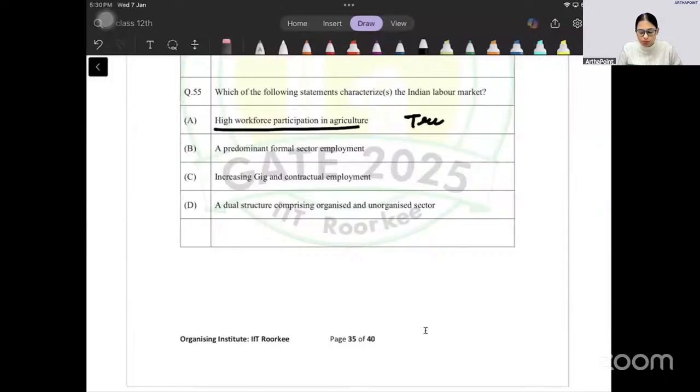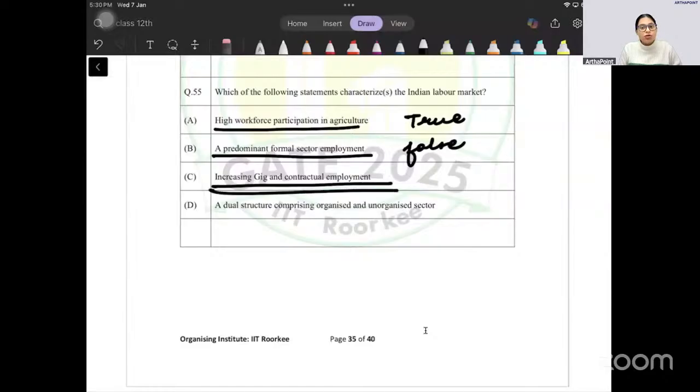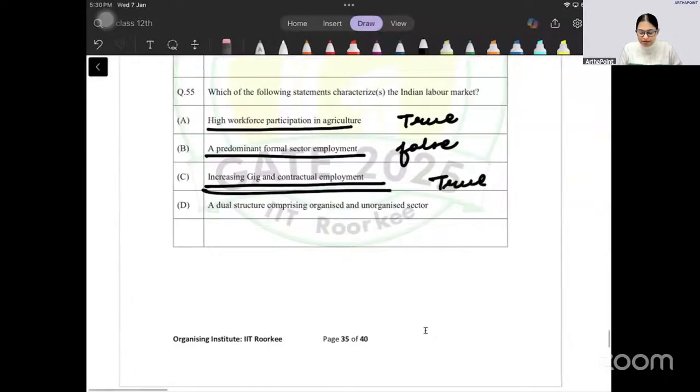This is true. A predominant formal sector. No, informal sector is there. False. Increasing gig and contractual employment. Definitely it's true. High contractual employment and gig employment. Dual structure comprising of organized and unorganized sector is also true. A, C and D are the correct options.